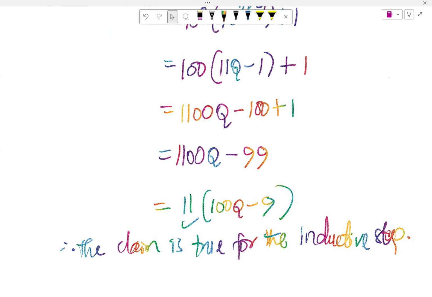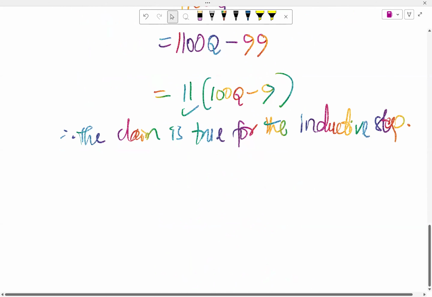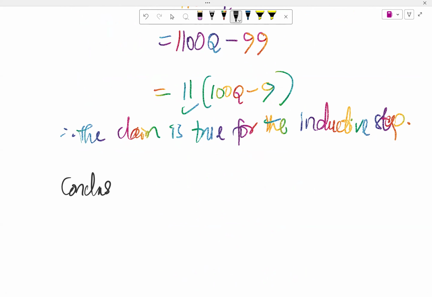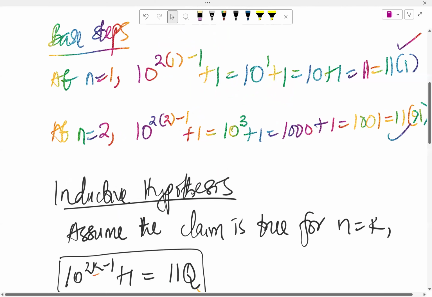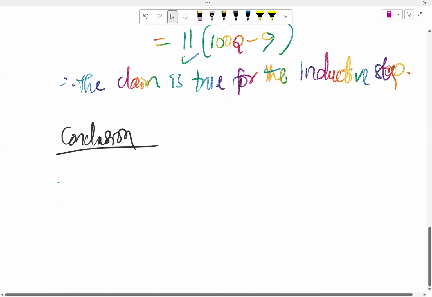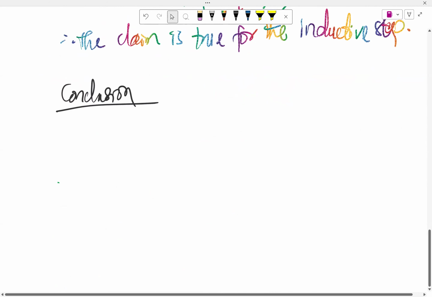The claim is true for the inductive step. And since it is true for the inductive step, we can make the overall conclusion that it is true for all positive integers, or for all natural numbers. Natural numbers are positive integers, right?